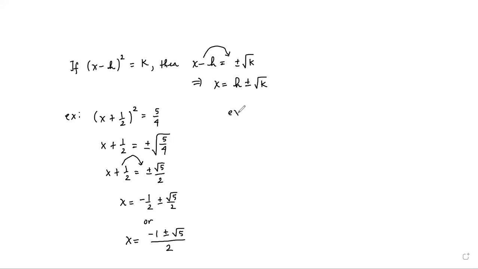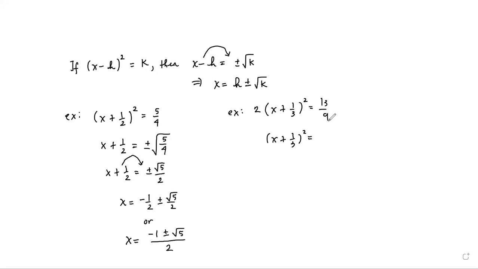Another example would be, let's say we have 2 times the quantity of x plus 1/3 squared is equal to 13 over 9. Okay, so here we can divide both sides by 2. So we get (x plus 1/3) squared.